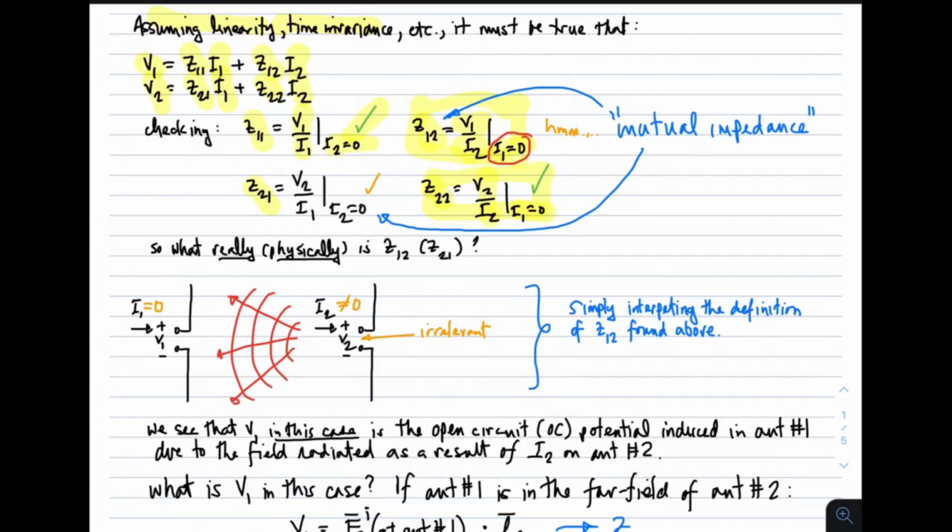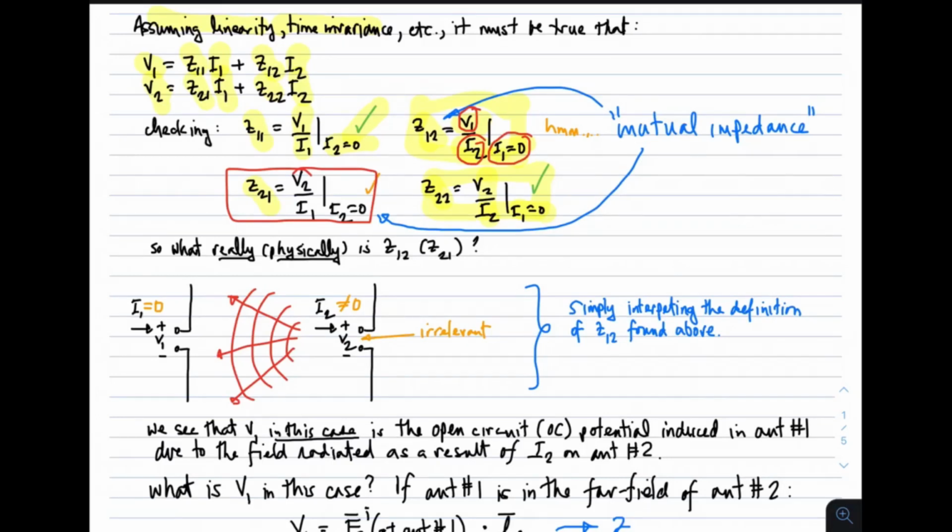You might say we're open circuiting that antenna and making it impossible for terminal current to flow. And in that case, Z sub 12 is the voltage on antenna 1 due to the current on antenna 2. And we have a similar definition for Z sub 21, using the same simple mathematical consideration.